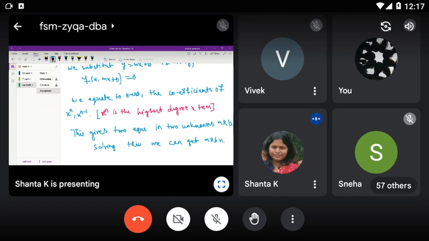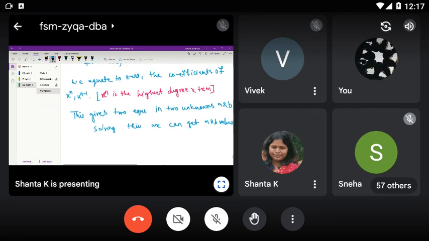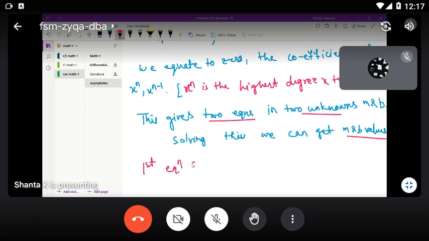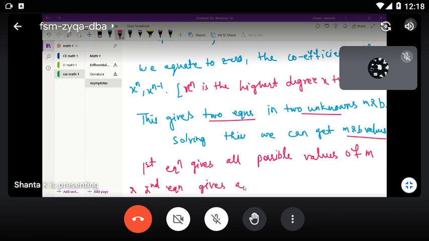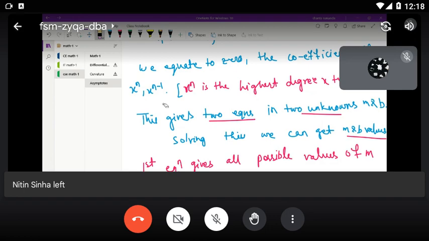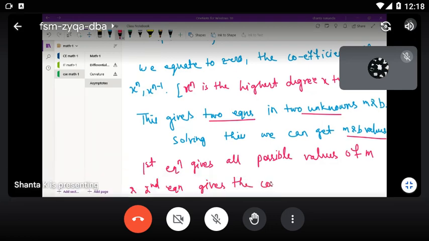The first equation gives all possible values of m, and the second equation gives the corresponding values of b.